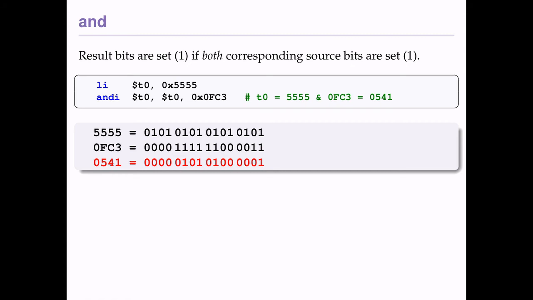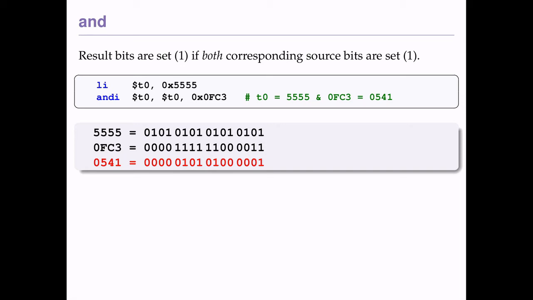So let's have a look at AND and why we might want to use this. Let's look at this instruction where we load an immediate value of 5555 into T0, and then we AND immediate that with 0FC3. Now that might sound weird because these are hexadecimal values and we're not really used to doing this with hexadecimal values. At least I thought it seemed weird when I first saw this. But we can just convert these to their binary form, and there it makes a lot more sense.